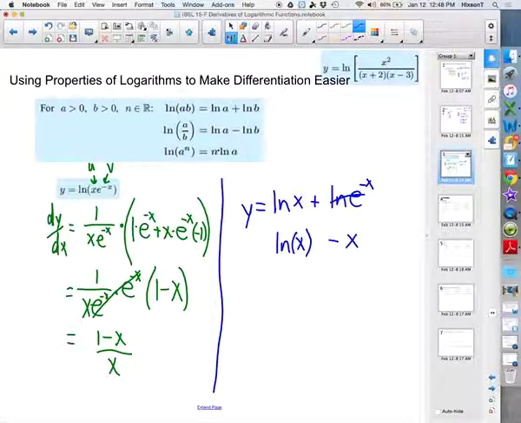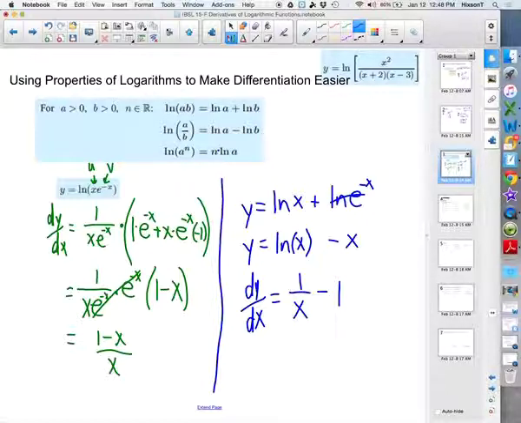Because the natural log and the exponential with the base of e are inverses, you get just the exponent left over. Well, what's the derivative of ln of x? 1 over x. And the derivative of minus x? Minus 1.